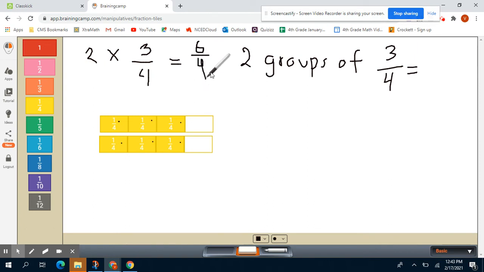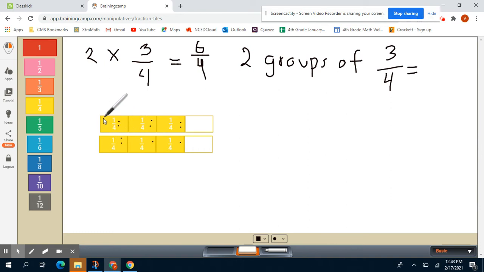Well, scholars, I also noticed that 6/4 is an improper fraction, meaning it's more than one whole. Well, how can I figure out what the mixed number of this is? All right, I can make one whole, find all my wholes. So I have 1/4, 2/4, 3/4, 4/4.